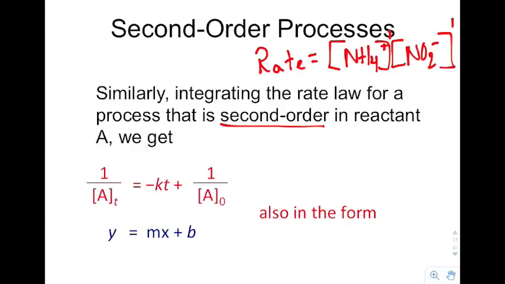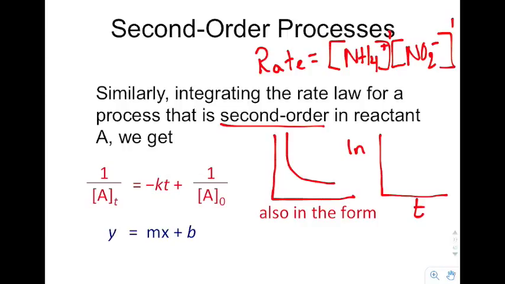Now, what differentiates a second order process from a first order process is how quickly the reaction is going to be done. We're going to still have a graph of our original data. But whenever we take the natural logarithm against time, it ends up still not being straight.